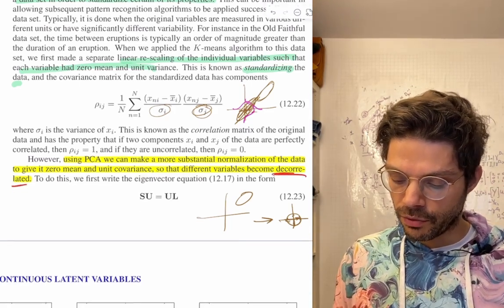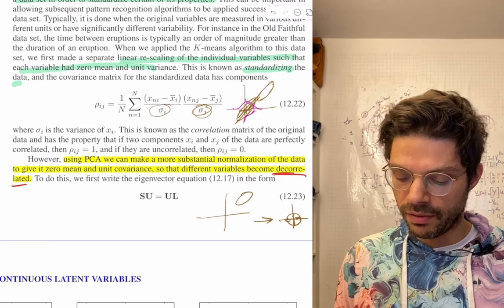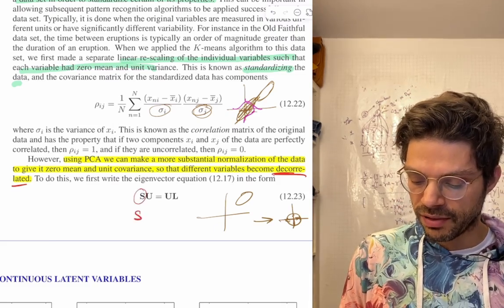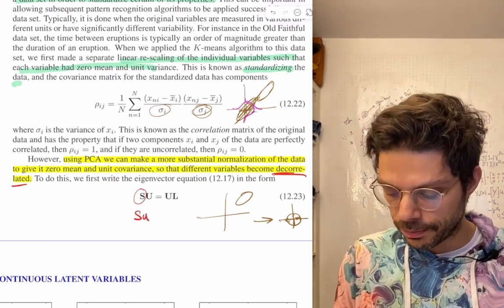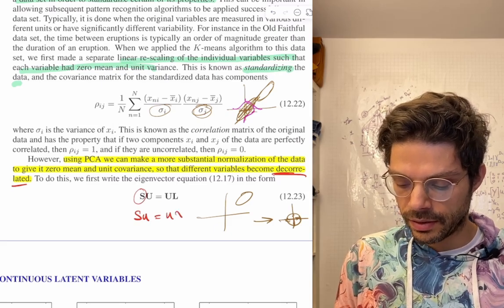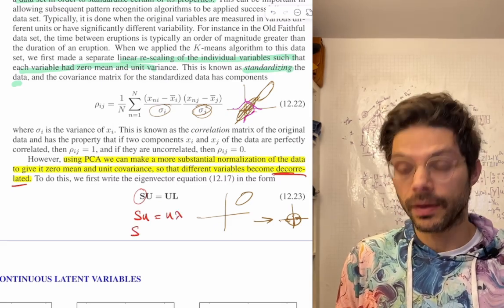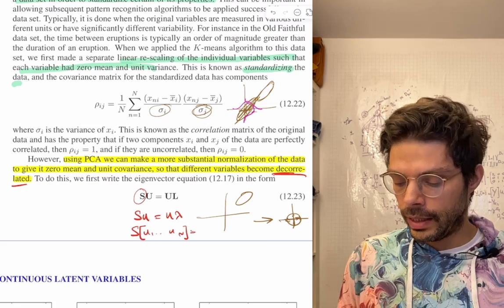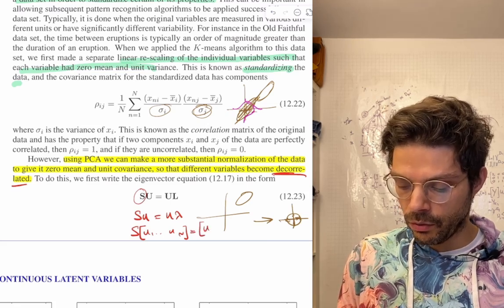To do this, we first write the eigenvector equation 12.17 in the form. So this is the covariance matrix, and we've just stacked up all of the eigenvalues and eigenvectors. This is saying the same thing, but we're just stacking it up. So this is u1 to un, and this is again u1 to un.